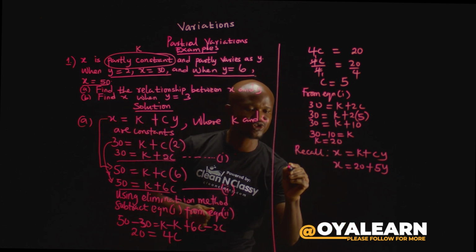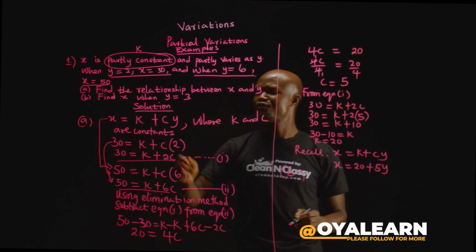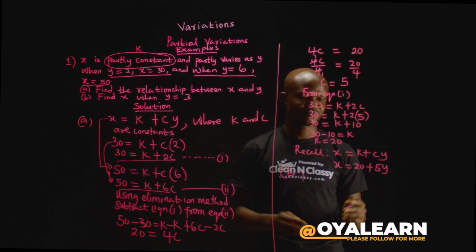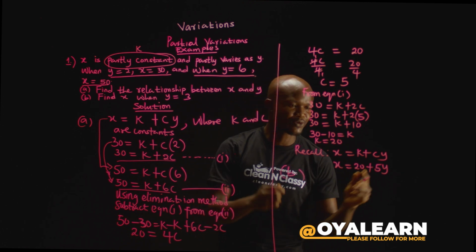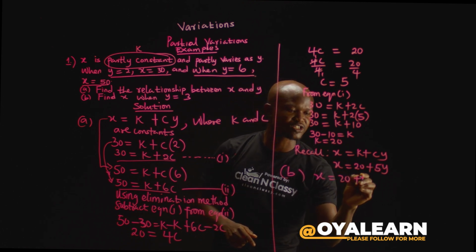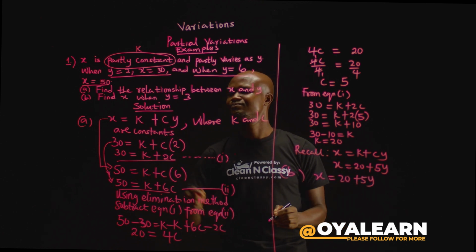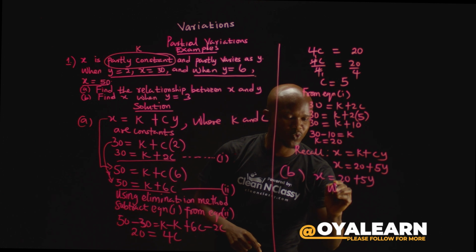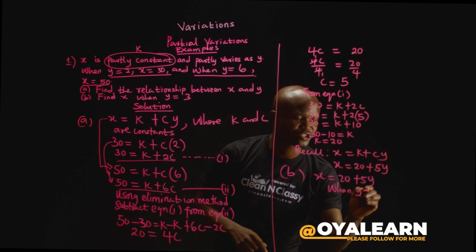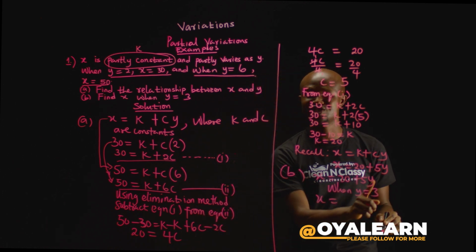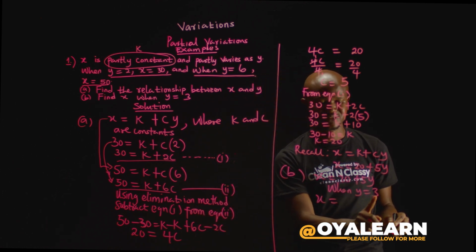Now, let's go to B. Find x when y equals 3. What are we going to do? x equals 20 plus 5y. When y equals 3, anywhere we see y, we substitute 3.